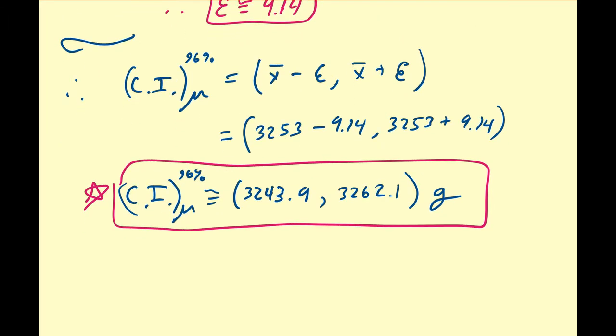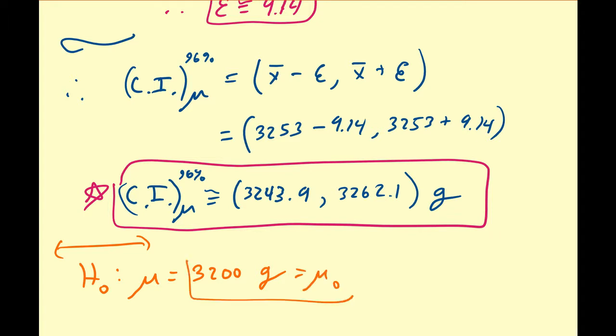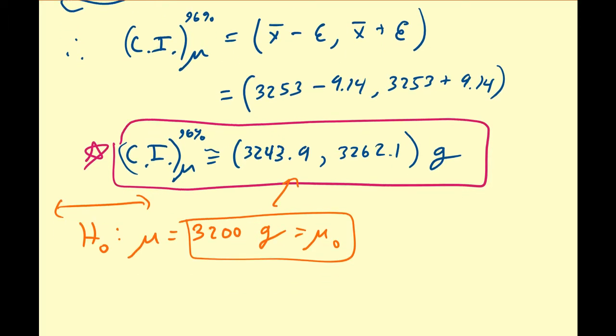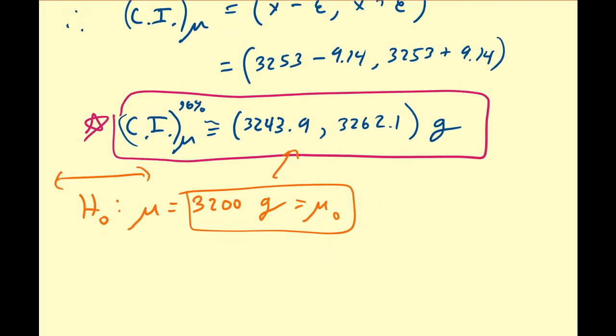All right, so now we can conduct our hypothesis test. The null hypothesis for this study was that the mean weight was equal to 3,200 grams, and I'm going to call this mu 0. So this number does not belong to this interval, right? Here's our confidence interval. The left number is 3243.9.